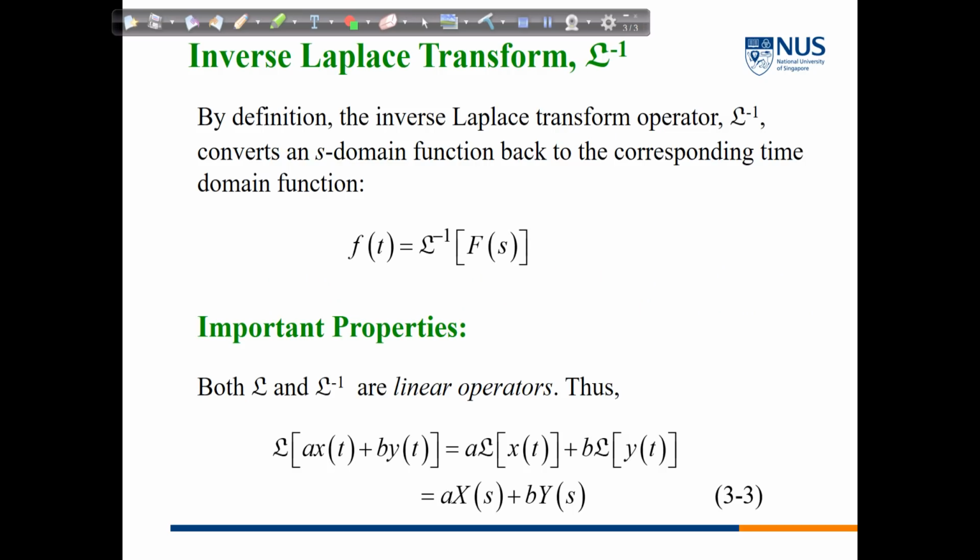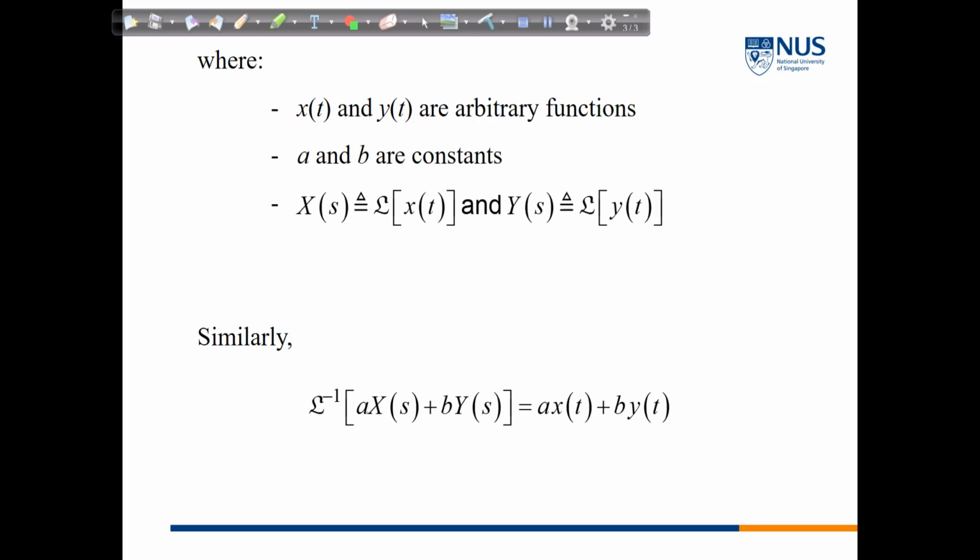Also, the inverse Laplace transform is able to turn the S domain back to the time domain. It's very important that both Laplace and inverse Laplace transforms are linear operators. Therefore, they follow the linear combination laws and have nice features for calculation.